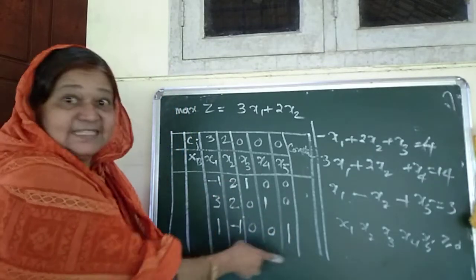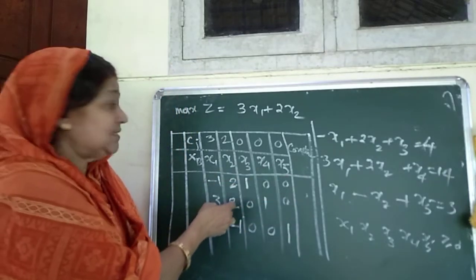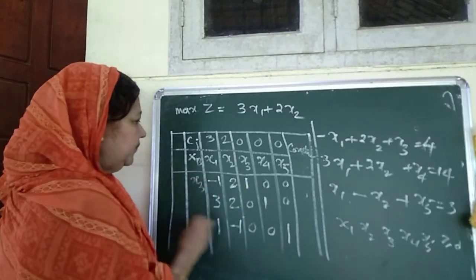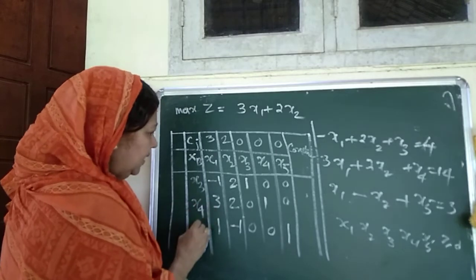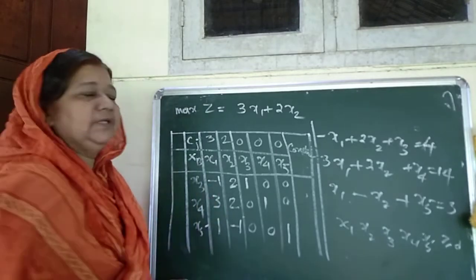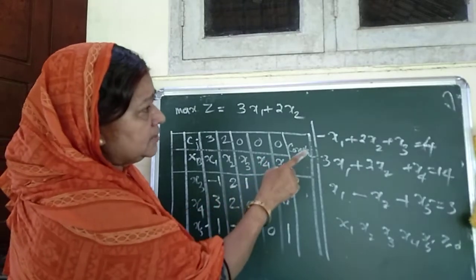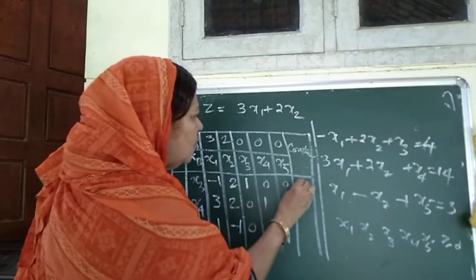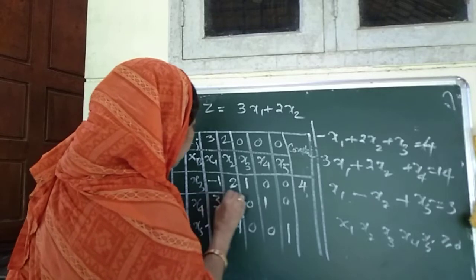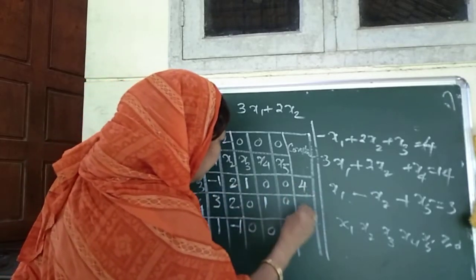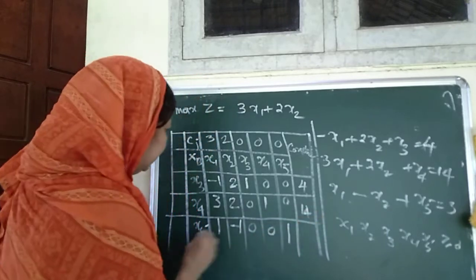We have seen that these 3 vectors form the identity matrix. So here first it is x3, here x4, here x5. Then what about the constants? We see that constants are 4, 14, then 3.